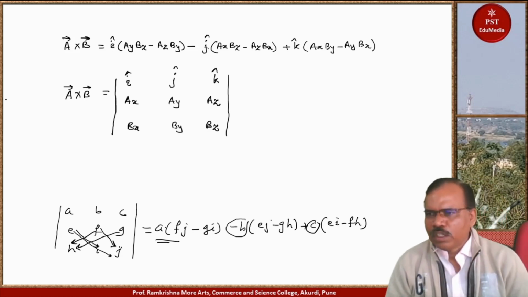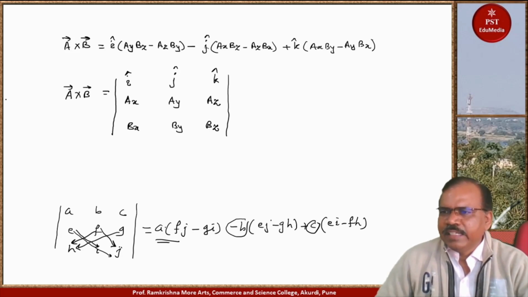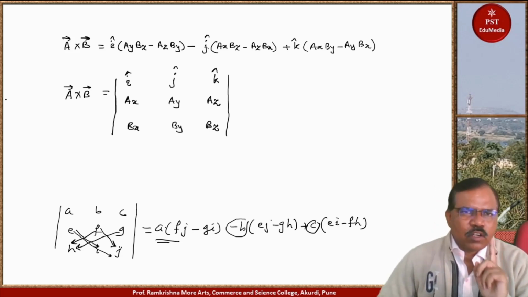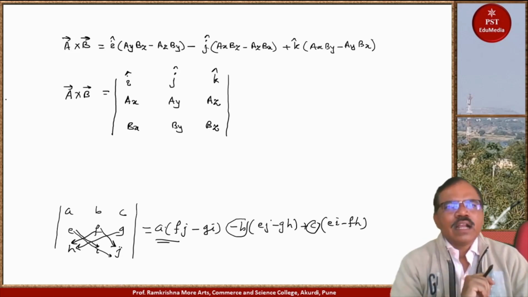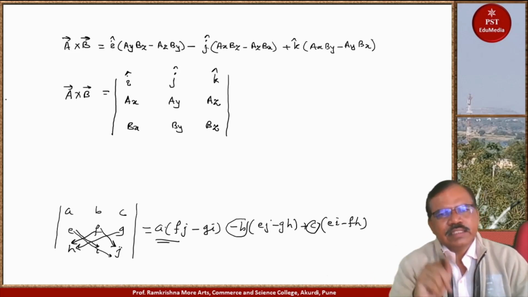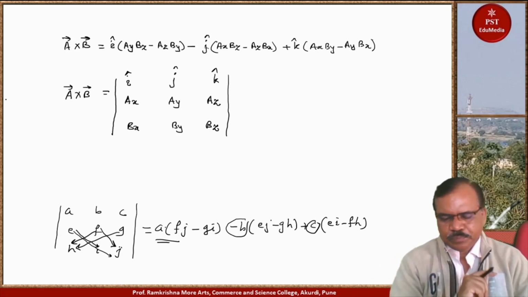This is A cross B. So in this way, using this determinant method, you can easily find the cross product or vector product of two vectors, where AX, AY and AZ are components of A along XYZ, and BX, BY, BZ are components of B along the XYZ axis.